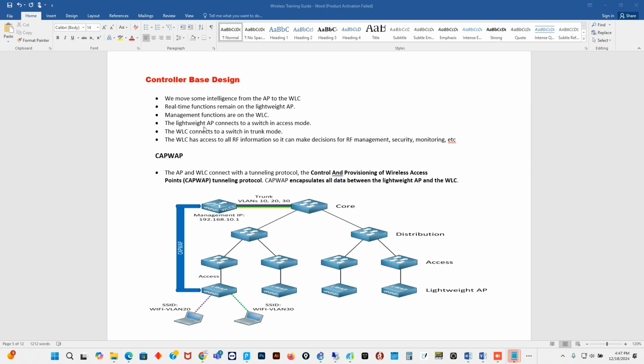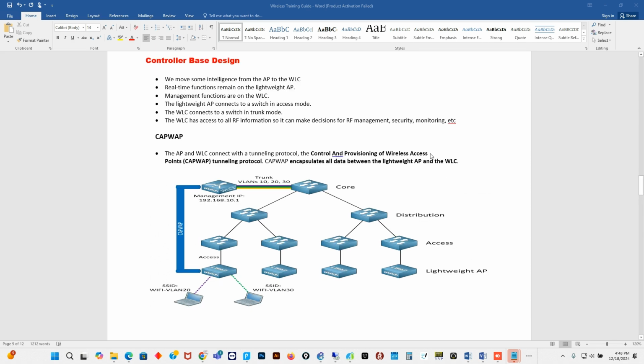The AP will handle the real-time function, and the wireless controller will handle the management function, and that is where the intelligence process takes place. We are going to go through how to configure all of that. The wireless controller has access to all your radio frequency information, so it can make decisions for radio frequency management and security monitoring. You can see so many things, but we are going to get a feel of that.